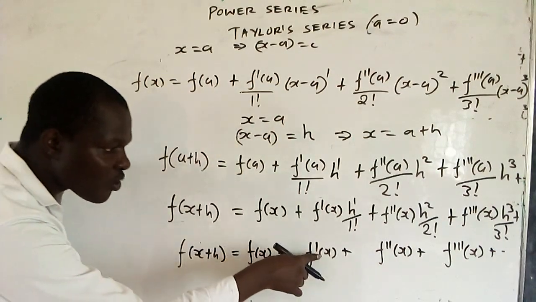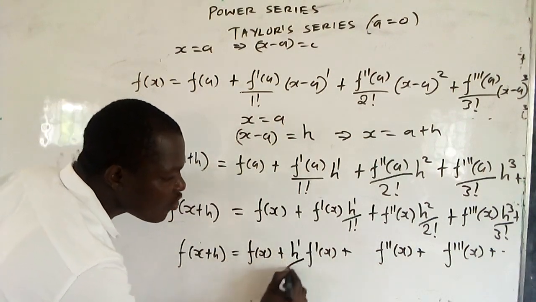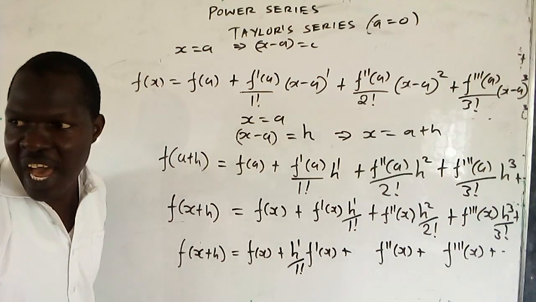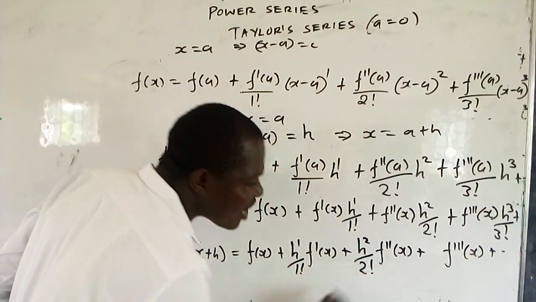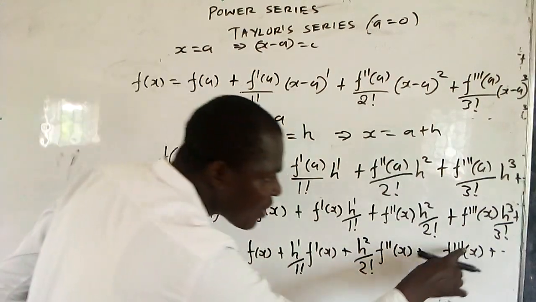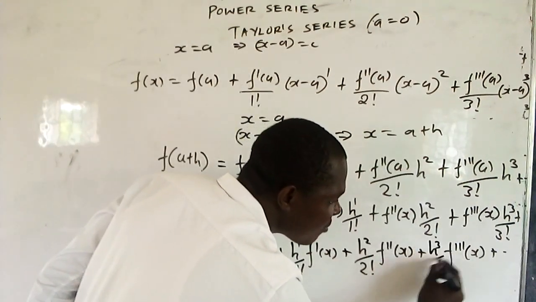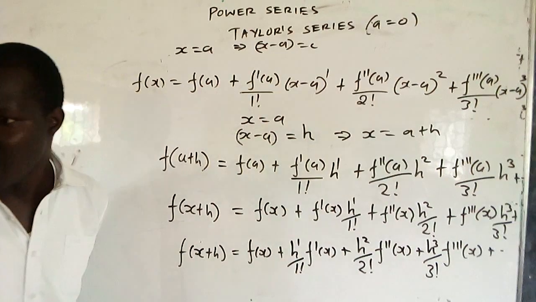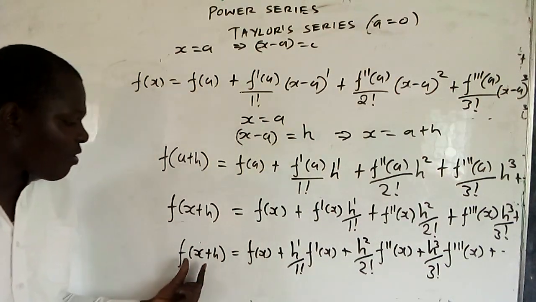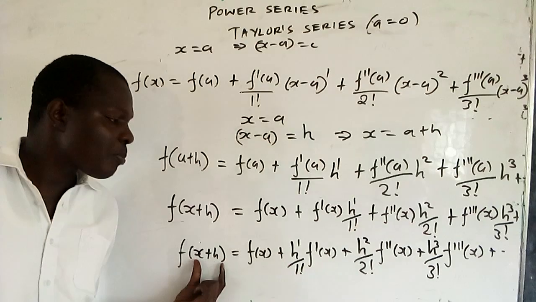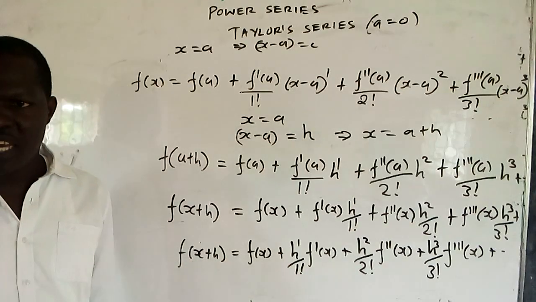So if you differentiate it once, it means you have h raised to power 1 over 1 factorial. Are you seeing that? If you differentiate it twice, it means you have h squared over 2 factorial, isn't it? If you differentiate it thrice, it means you have h cubed over 3 factorial. Are you seeing? So this is the Taylor series expansion of a function f of x plus h. Are you seeing that? Yeah.